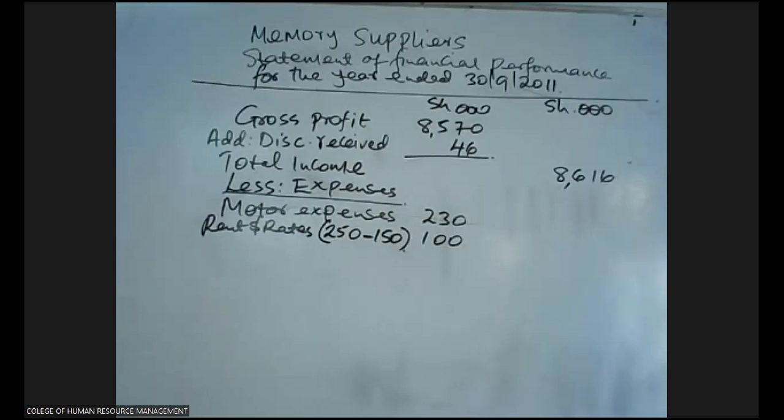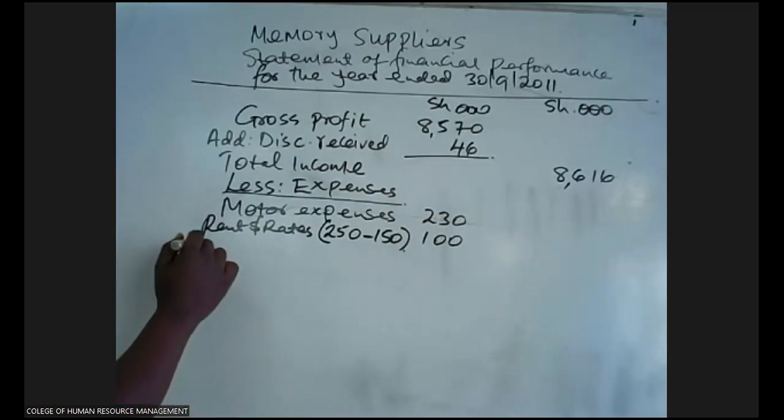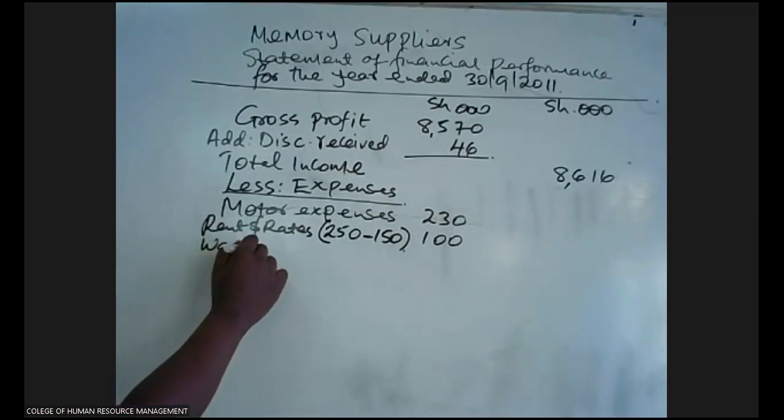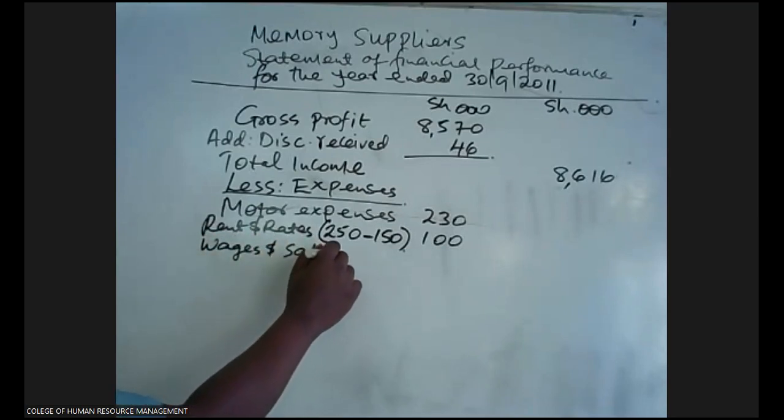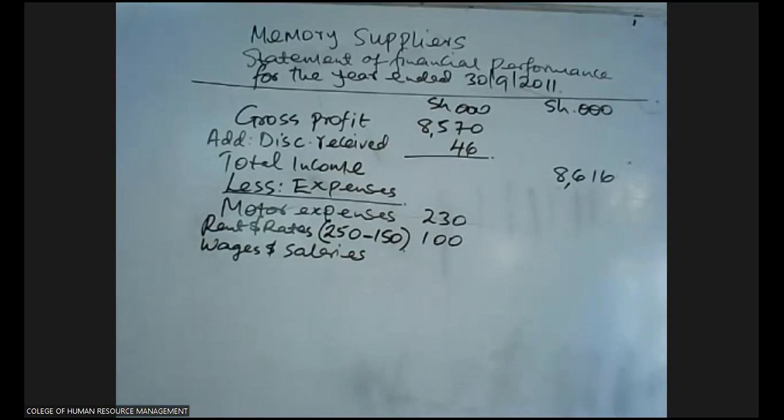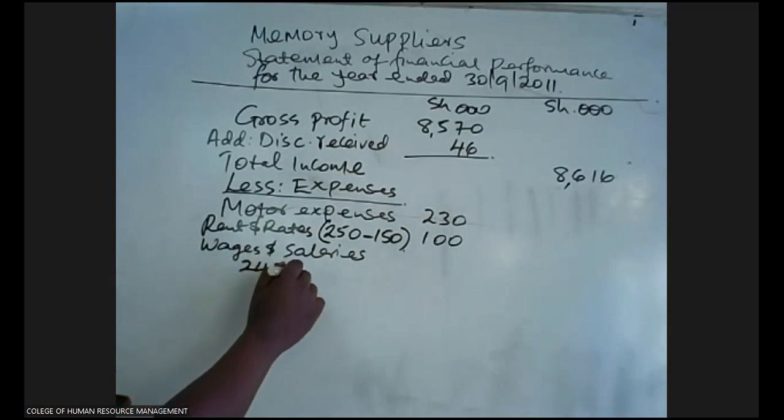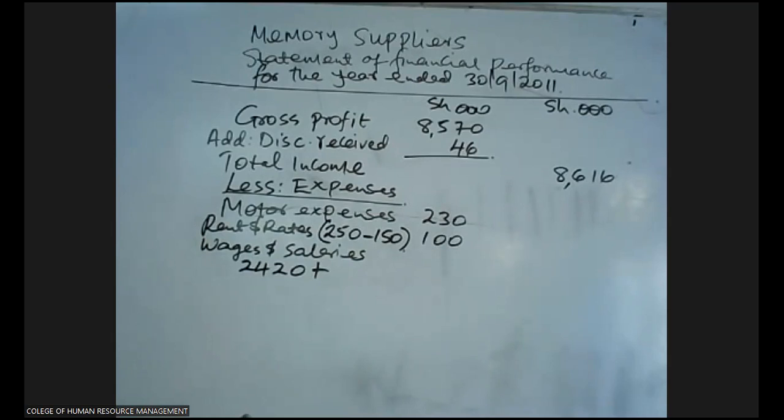Then discount received, that is an income. Wages and salaries are also affected by the additional information. As at 30th September 2011, salaries and wages outstanding was 280,000. So how much did we pay for salaries and wages in that year? 2,420. And outstanding means that we have not paid.